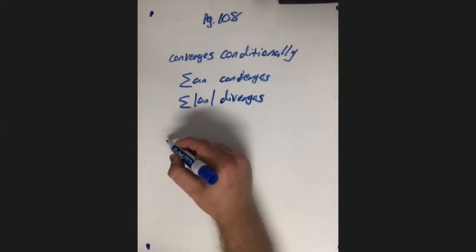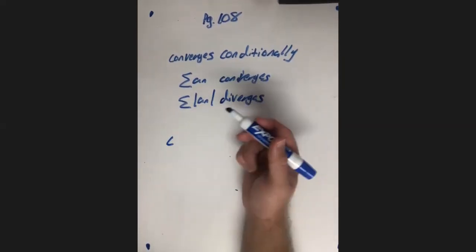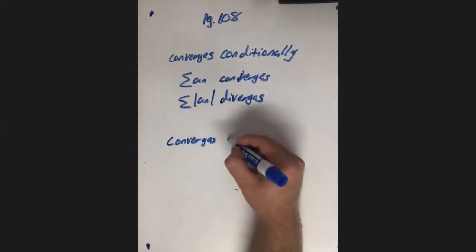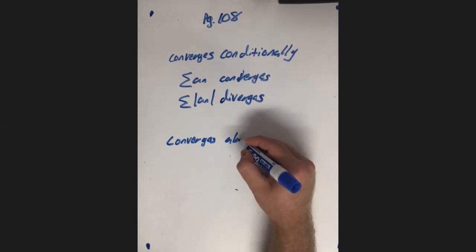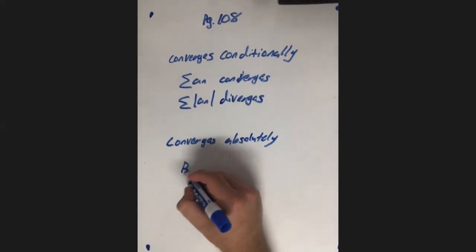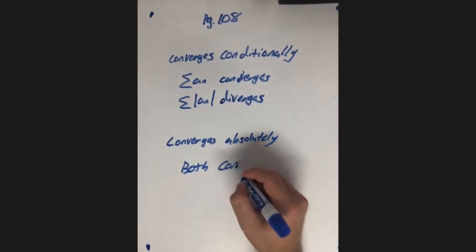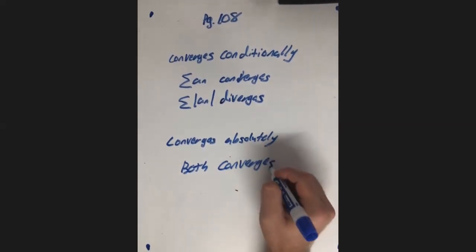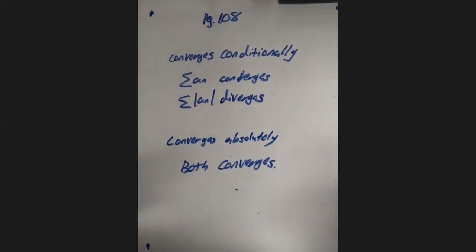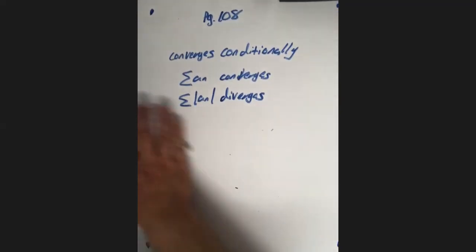Okay? And then converges absolutely, what do y'all think? Yeah, if it converges absolutely, it means they both converge. Very good. And then obviously, if the initial series diverges, then it's a divergent series. We don't need to look at the absolute value, okay?